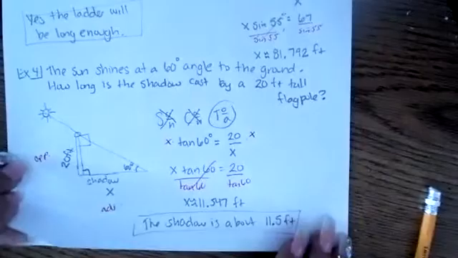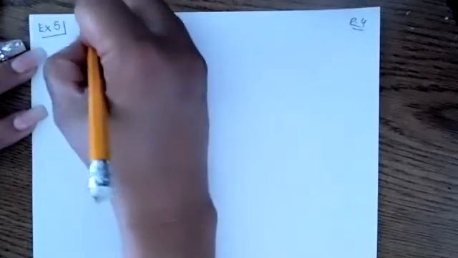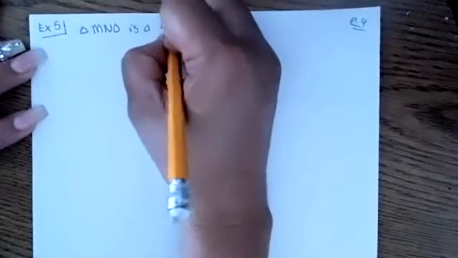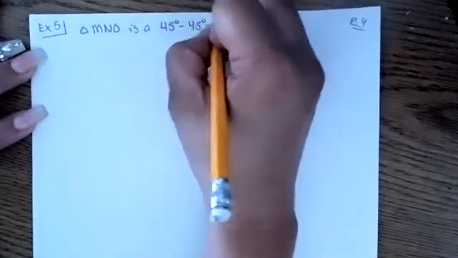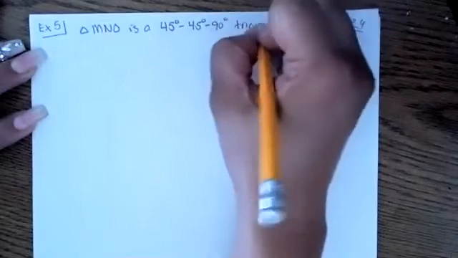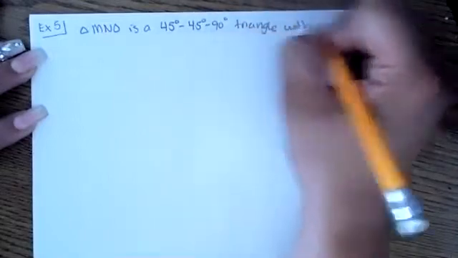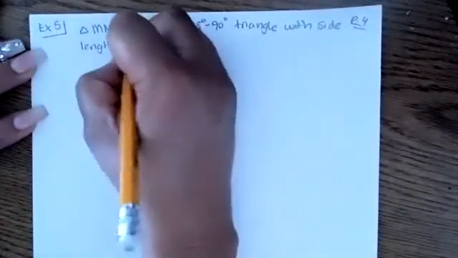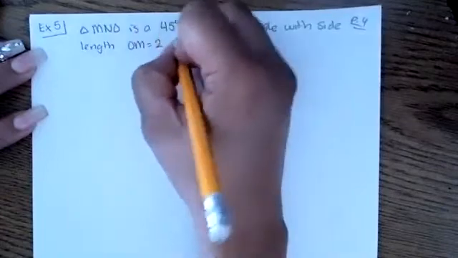Let's go ahead and do another word problem. Or not so much a word problem. We're going to have triangle MNO is a 45, 45, 90 triangle with side length OM equals 2.